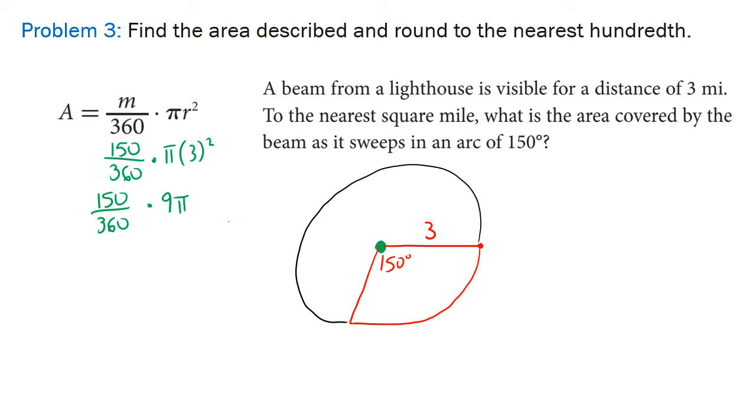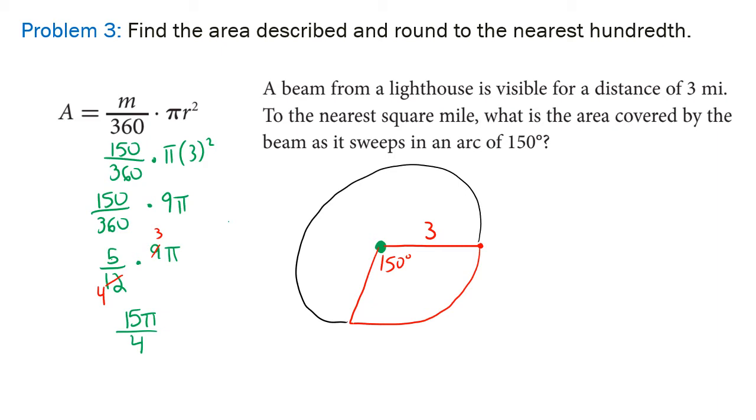So 150 divided by 30 will be 5, and 360 divided by 30 is 12. We can go ahead and multiply and simplify. So using some cross simplifying, we can reduce this by 3. So we end up with 15 pi over 4, when we go 5 times 3 pi over 4.